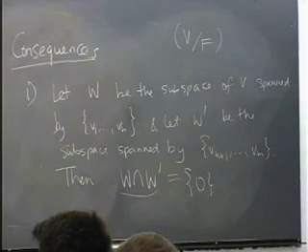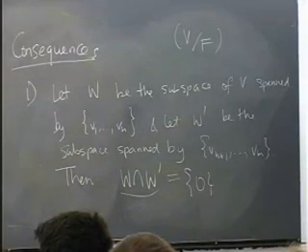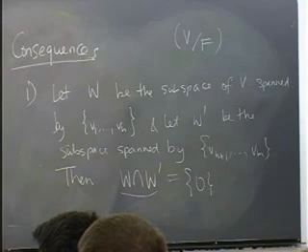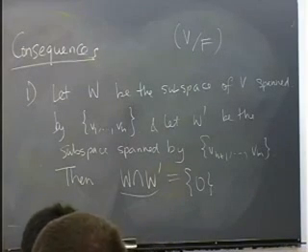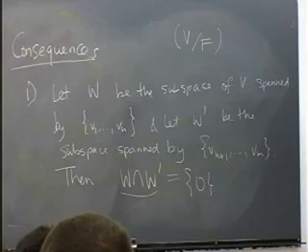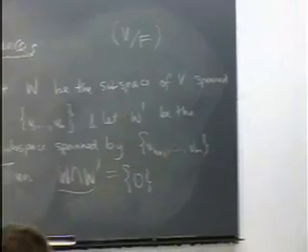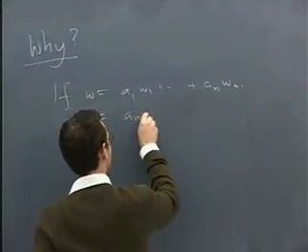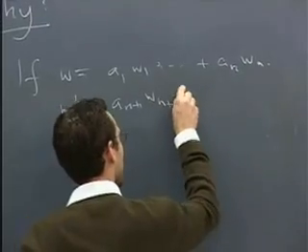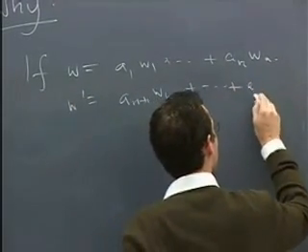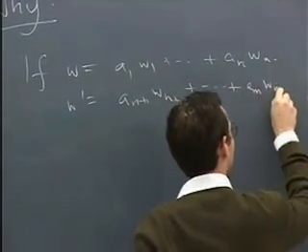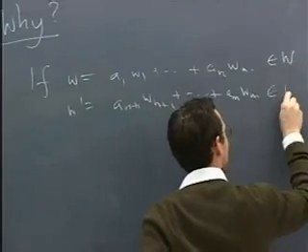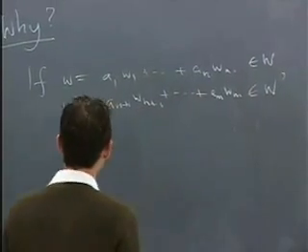Well, why? Suppose I have something which is in W. I can certainly write it by definition of span as a1 w1 up through an wn. And if I have an element of W prime, I can write that as an plus 1 wn plus 1 up to am wm. So these are just general elements of W and W prime.